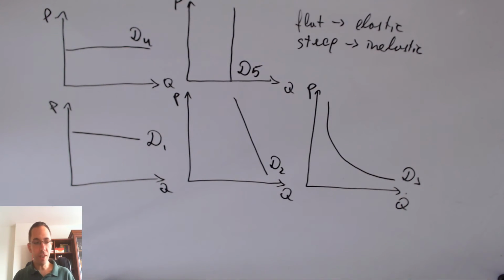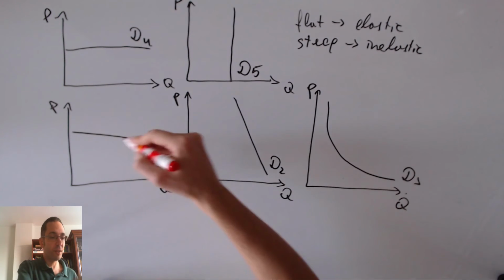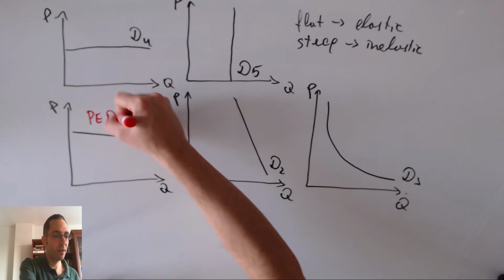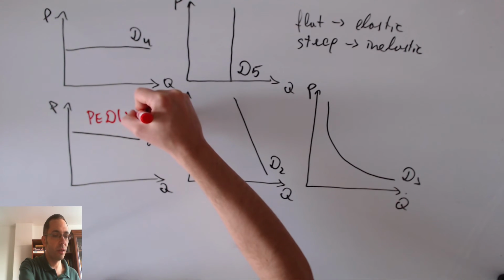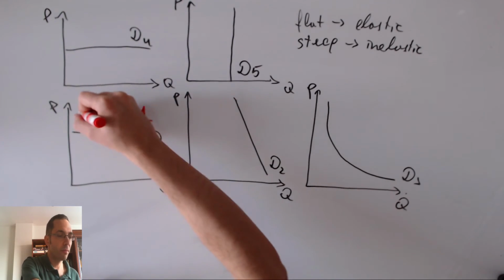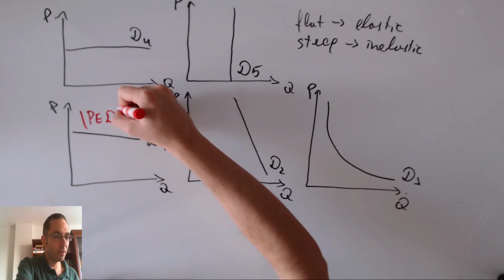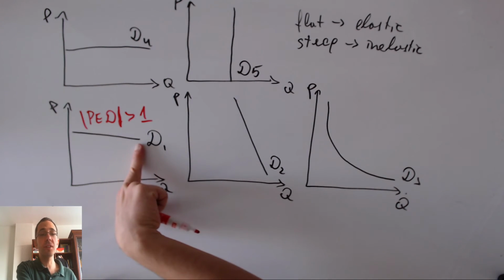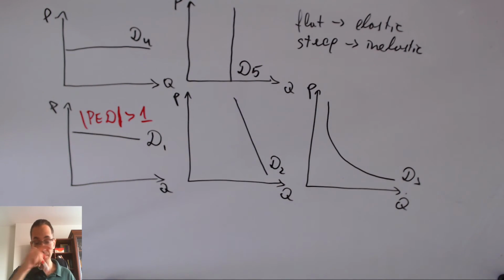Okay, so generally, if you see diagrams and demand curves like these, you can automatically assume that this one is elastic. So PED is greater than 1. That PED, this is absolute value. Elastic because we are only seeing the elastic part of this demand curve.